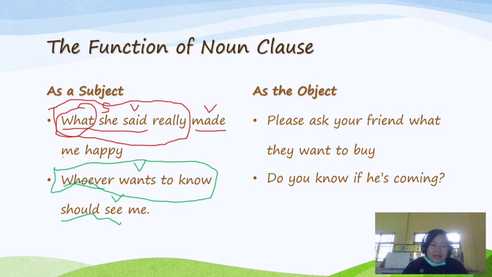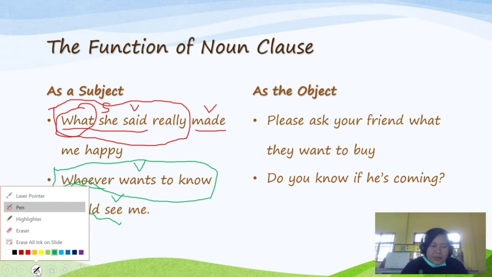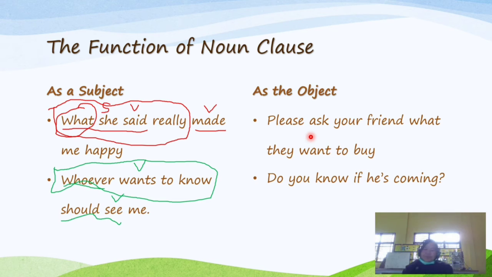Right. Let's go to this one. Let's go to noun clause as the object. Please ask your friends what they want to buy.